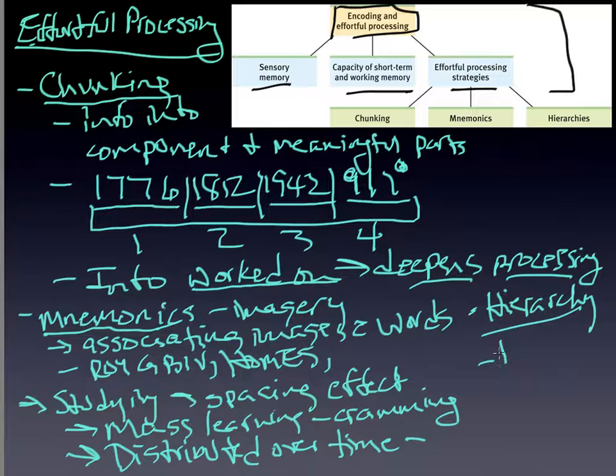Hierarchies are such that they create a structure that allows you to remember various components of it once you remember other components of it. So once you start with effortful strategies, you go down to chunking, mnemonics, and hierarchy as the key component parts.